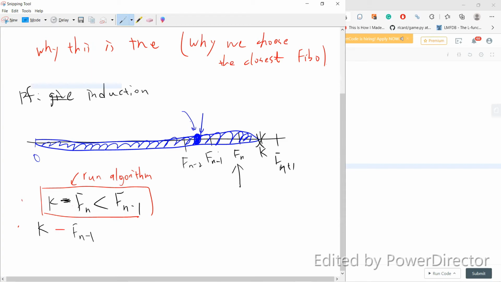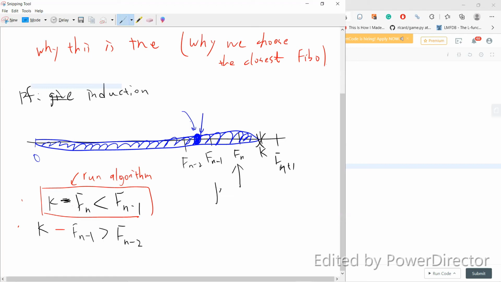When I use k minus fn minus 1, fn minus 2 plus fn minus 1 is fn. So I will get something which is larger than fn minus 2.